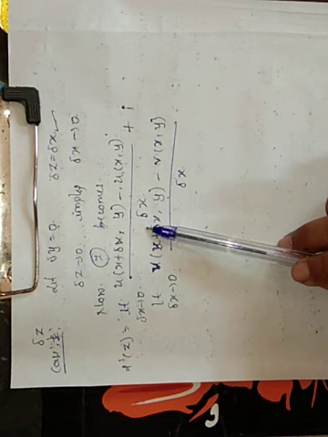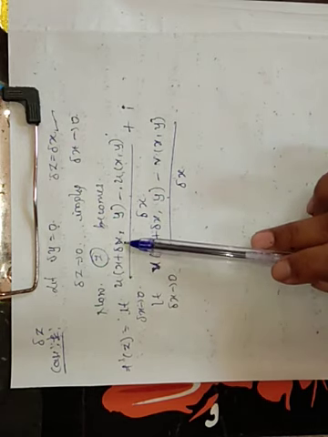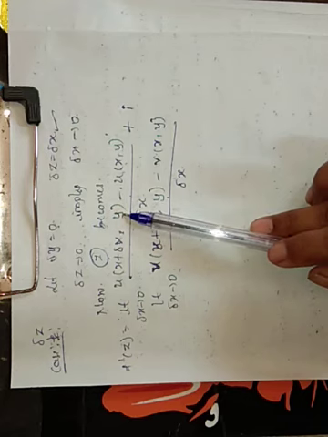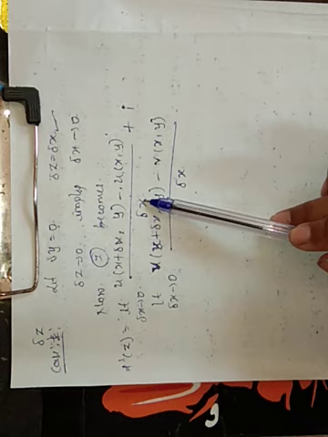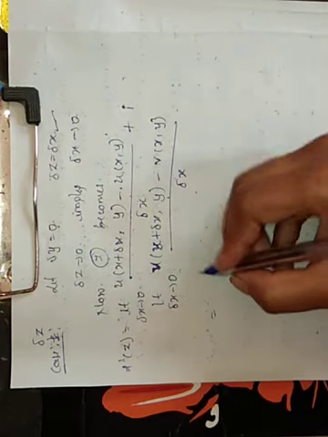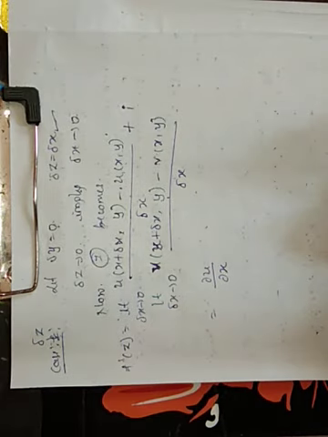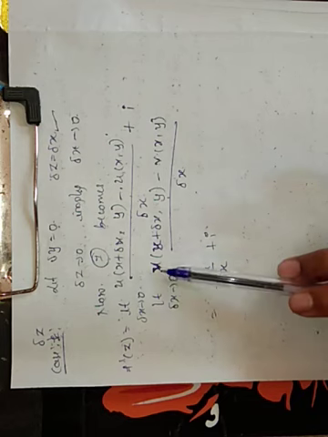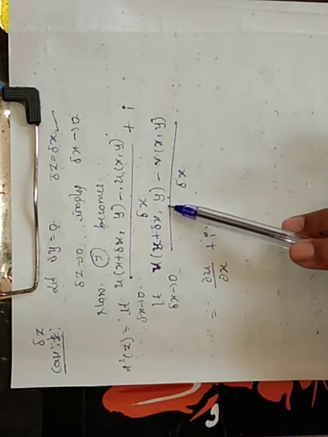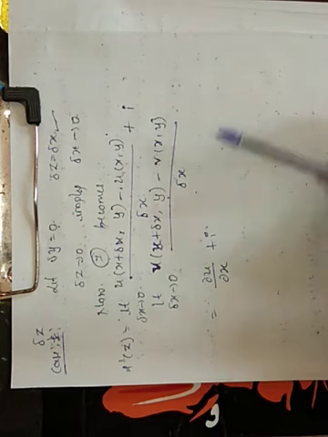The partial derivative states that limit delta x tends to 0, u of x plus delta x comma y minus u of x comma y divided by delta x is nothing but the partial derivative of u with respect to x, plus i into limit delta x tends to 0, v of x plus delta x comma y minus v of x comma y by delta x is nothing but dou v by dou x.